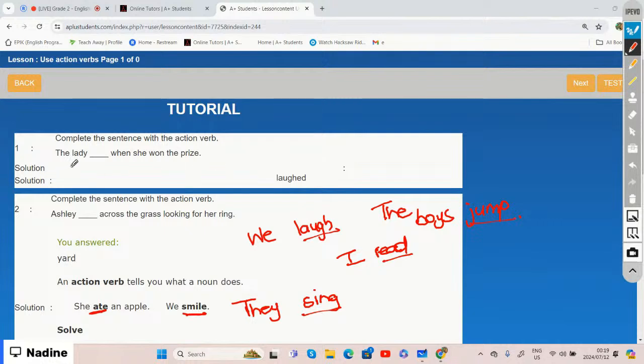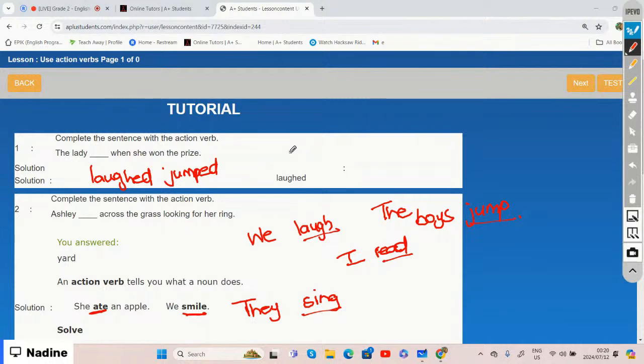So now let's look at our sentence. It says we need to complete the sentence with the correct action verb. The lady, blank, when she won the prize. So we can then say the lady laughed when she won the prize. Or we can say the lady jumped. Because remember, if you win a prize, you usually jump up and down, right?